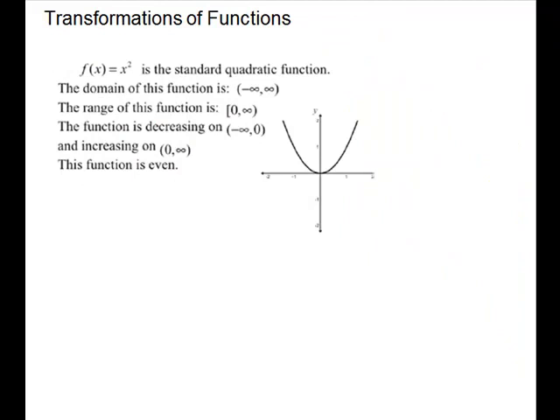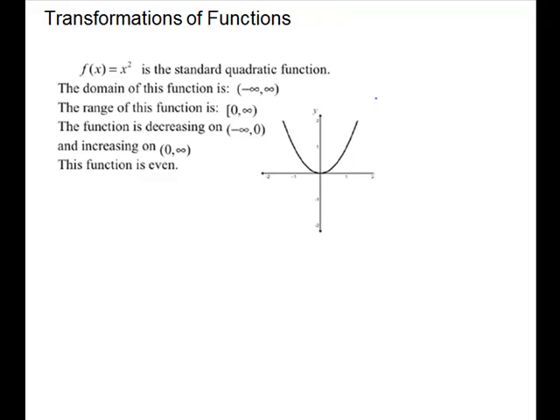Our next function is f of x, or y equals x squared. This is the standard quadratic equation, and it gives us a parabola. Your domain, it goes forever to the left, and it goes forever to the right. Okay, so negative infinity to positive infinity.